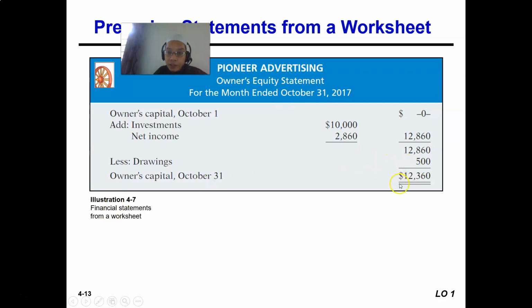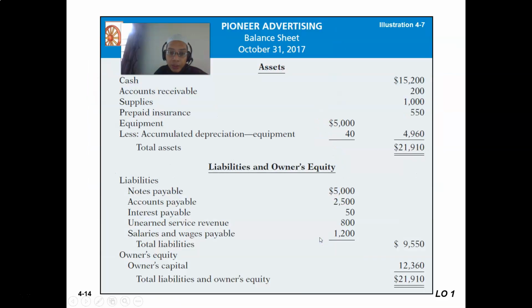The ending balance of the owner's capital, 12,360, is taken from the owner's equity statement, and it will be entered into the balance sheet under owner's capital. So owner's capital as at 31st October is 12,360. When we add the owner's equity to the total liabilities, we obtain 21,910, which is the total liabilities and owner's equity, and it should equal the total assets.